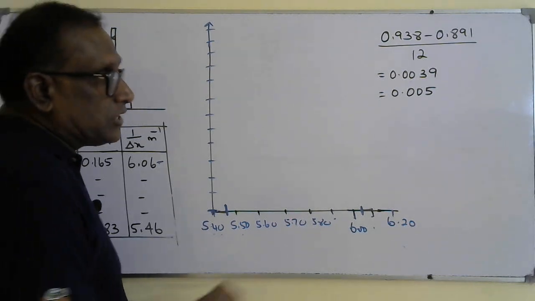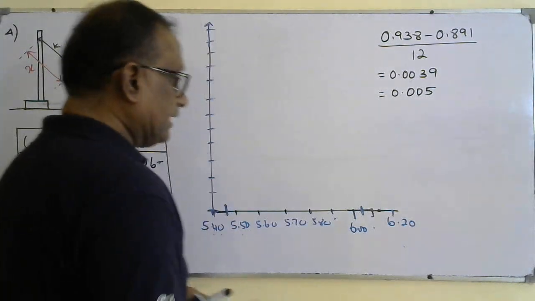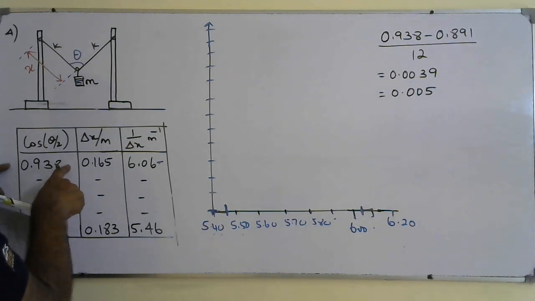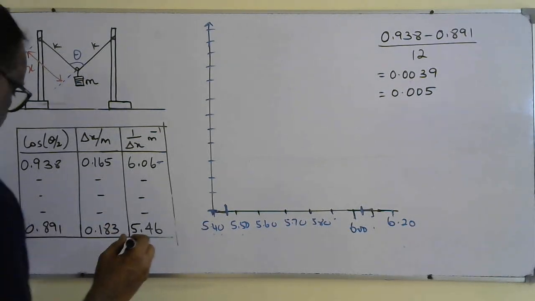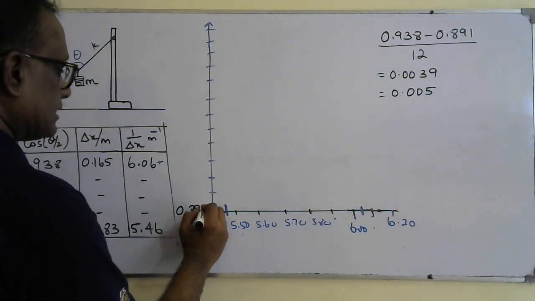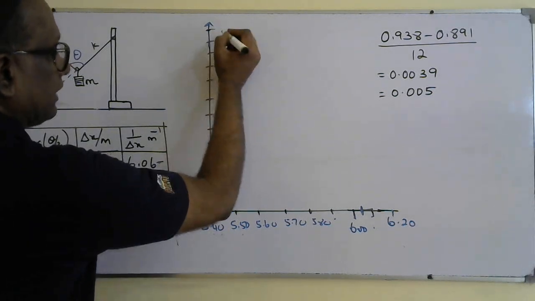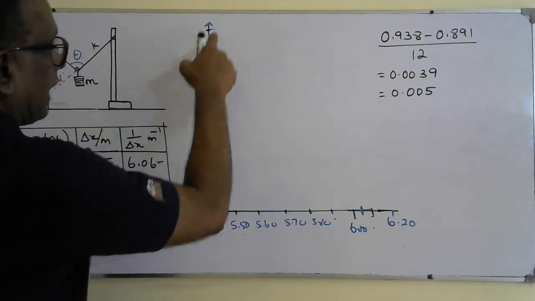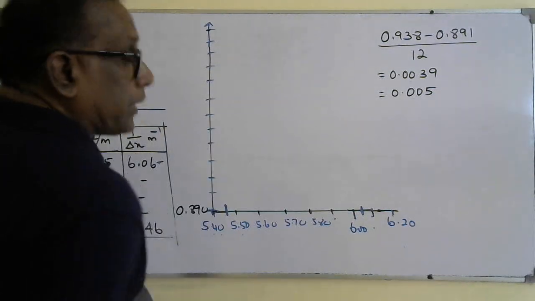So if I take 0.005, will I be able to include the last data 0.938? If I start the first reading at 0.890, the divisions, I told, there are 12. Will I be able to include this one in my last reading if I take the intervals as 0.005?